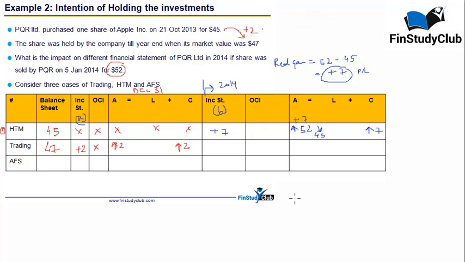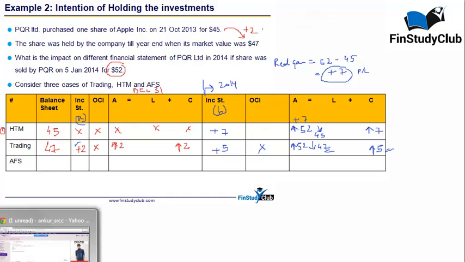Now, in the next year, out of $7 of realized gain, 2 has already been booked, so I am going to book only the balance 5. OCI doesn't come into the picture. Your cash goes up by 52, your investments go down by 47, your income statement, which is part of capital, goes up by 5, and that's how the equation also gets tallied.